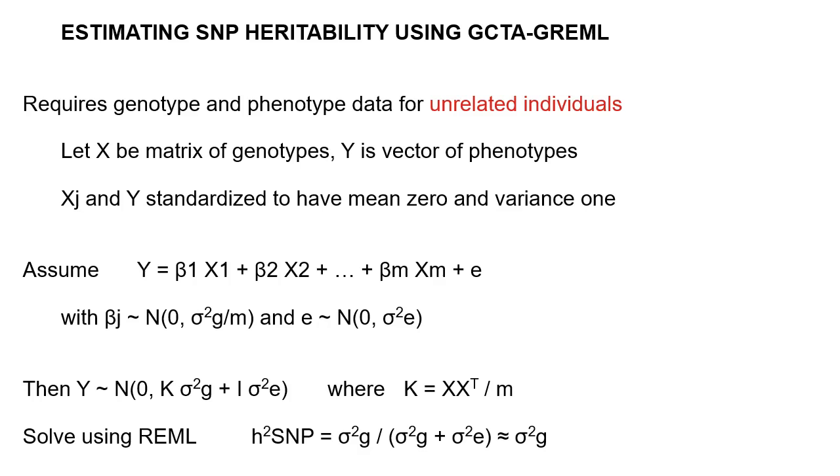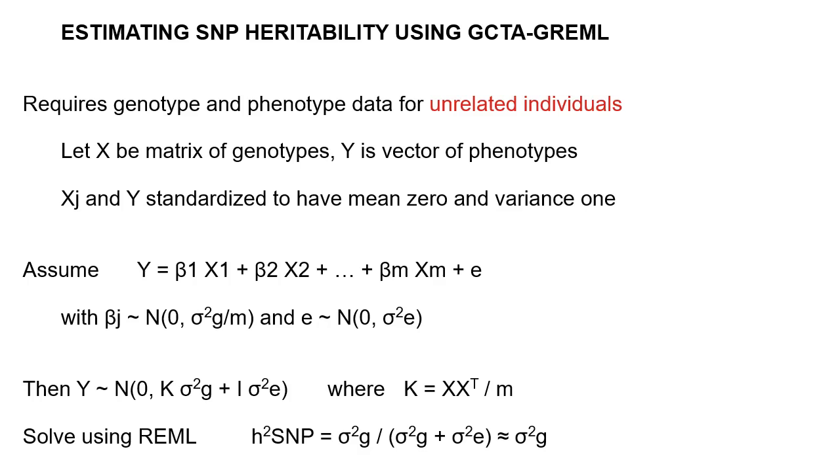It then assumes that effect sizes are normally distributed. So beta j is normally distributed with variance sigma squared G, the genetic variance, divided by M, the number of SNPs. It also assumes that the noise is normally distributed with variance sigma squared E, the noise variance.